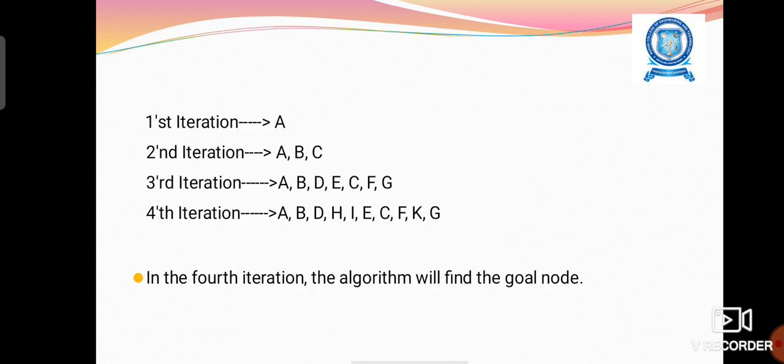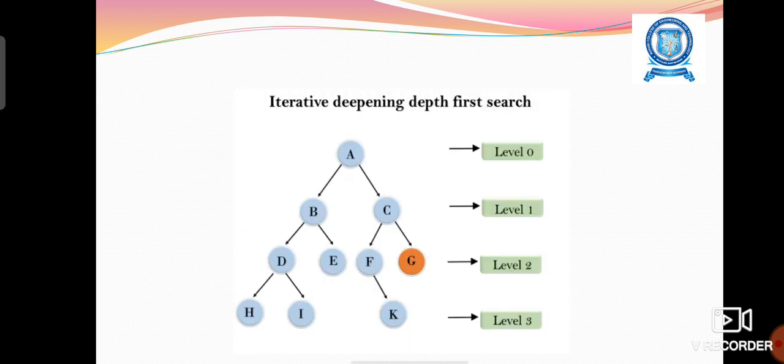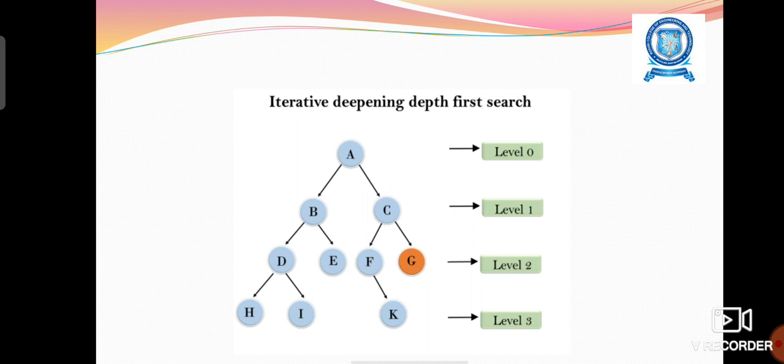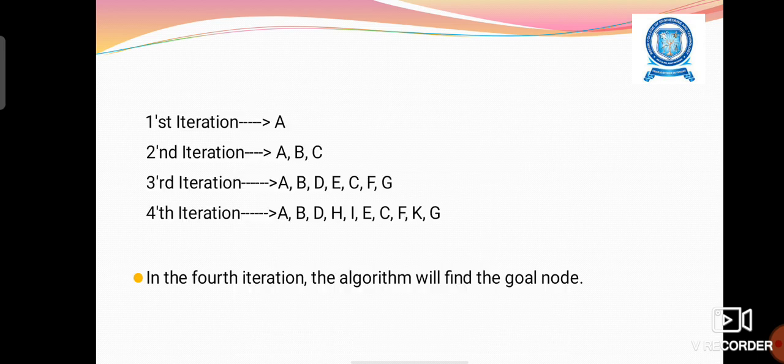Even though it reaches the goal node, it will again go on to identify the best path to reach the goal node, and it will increase the depth limit. Now the depth limit will be updated to the next level, level 3. So in the fourth iteration it will change the path.